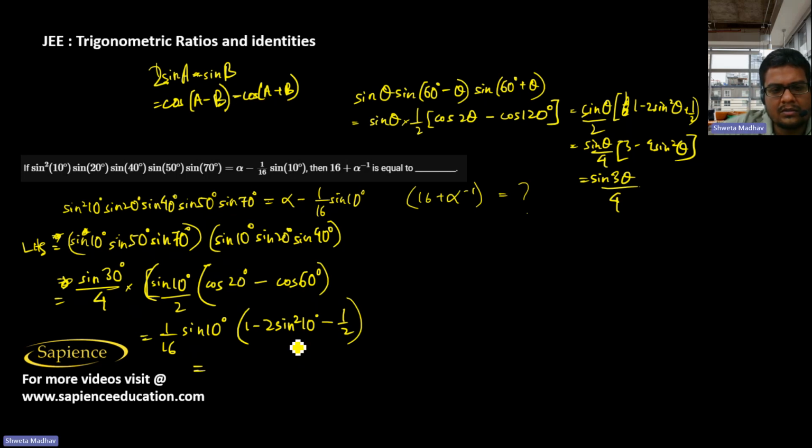This we can write, so then 1 by 32 into, I can write half sine 10 degree into 1 minus 4 sine square 10 degree.